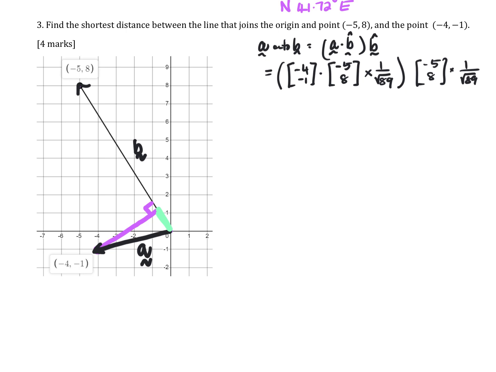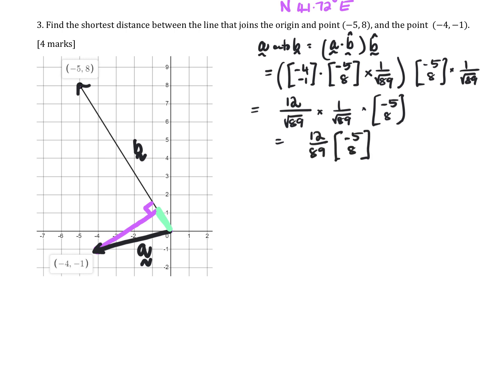Okay, so that's going to give us a dot b, 20 minus 8 is going to give us 12 over root 89 by 1 over root 89 by -5, 8, which will give us 12 over 89, -5, 8, like that. Now I can change that just into kind of normal numbers.